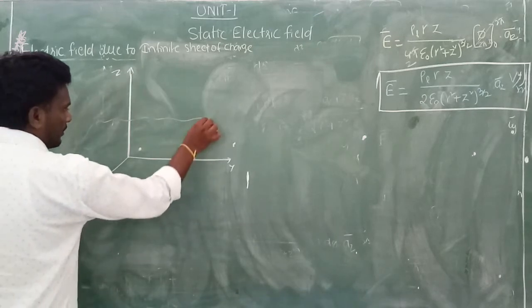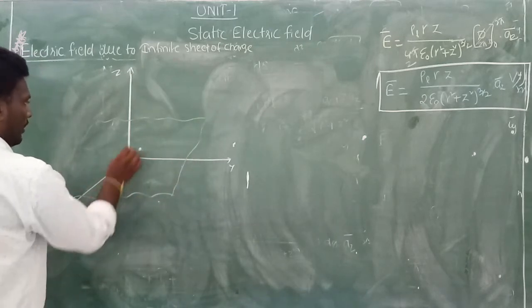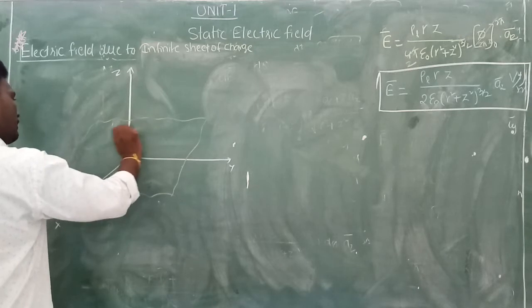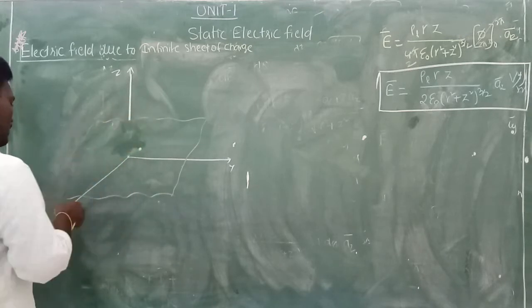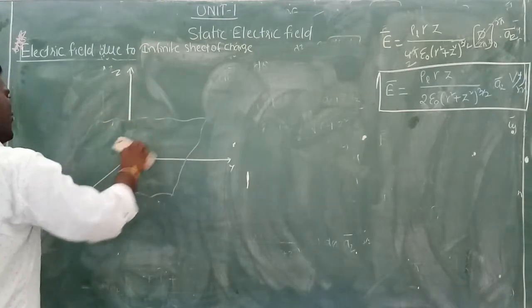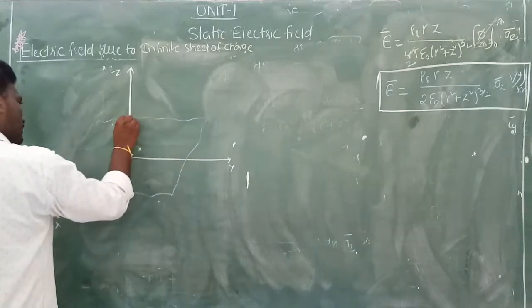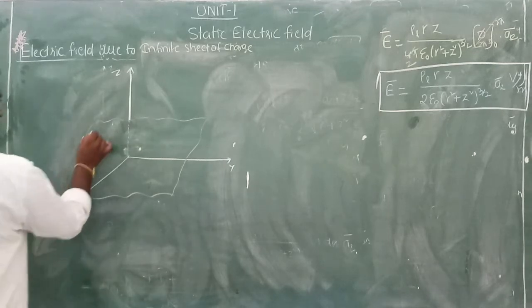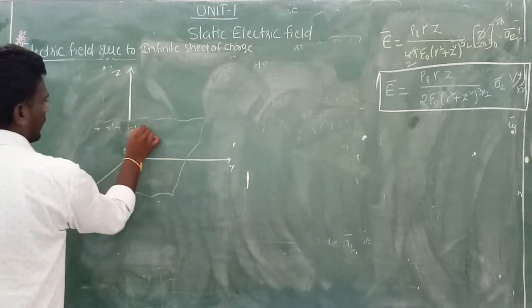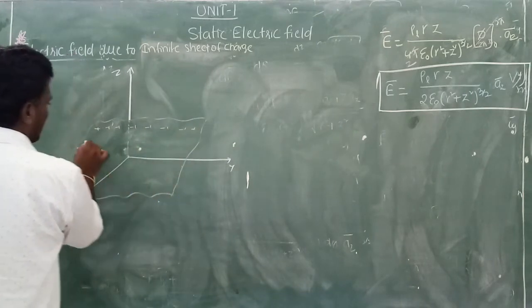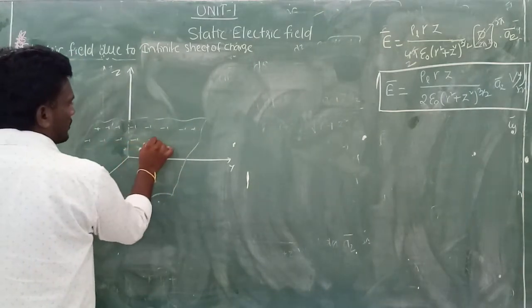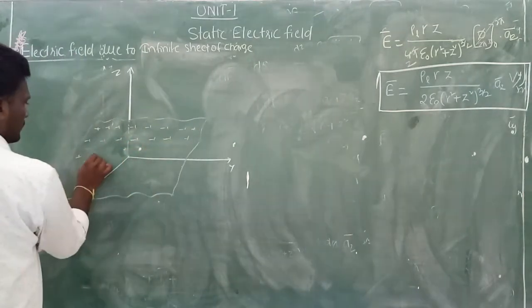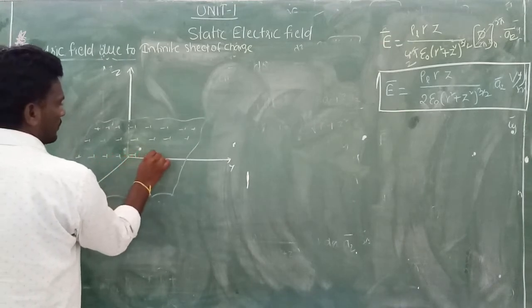I am placing this infinite sheet of charge on the x, y plane, and your charge is uniformly distributed like this. Uniform distribution of charge will be like this. Positive charge.